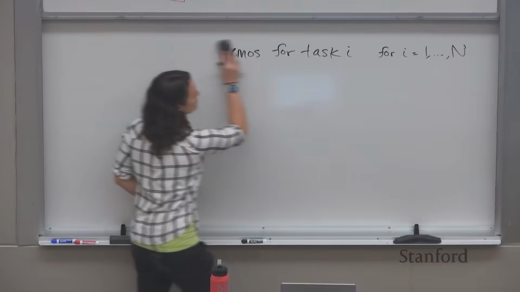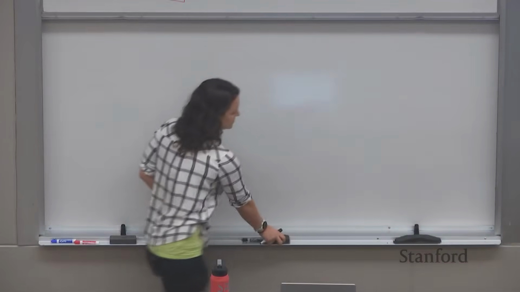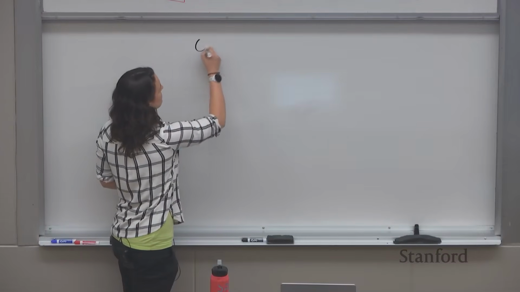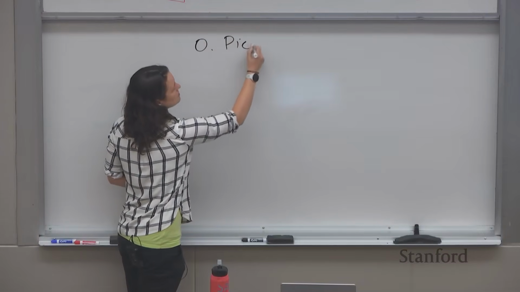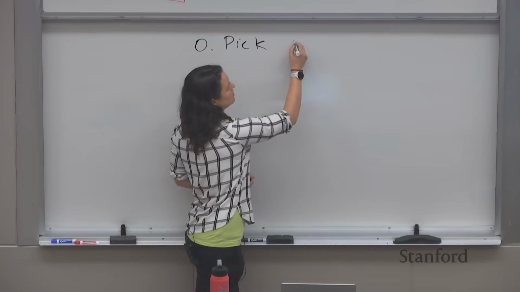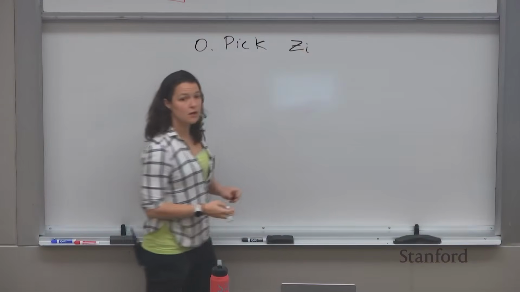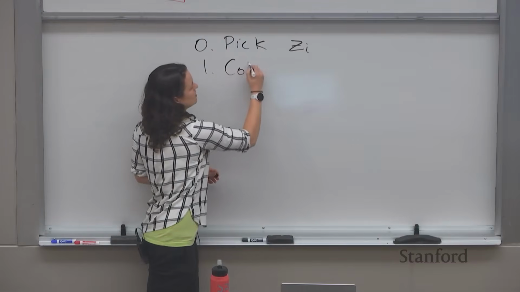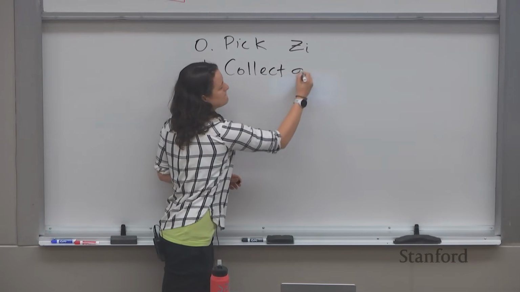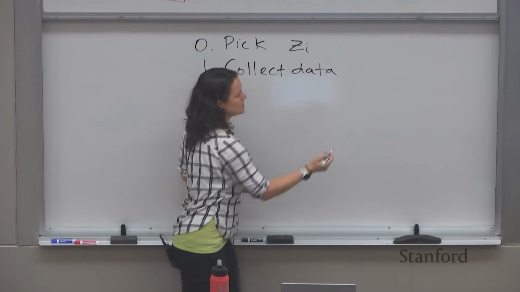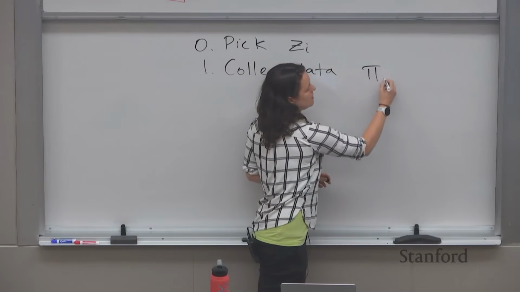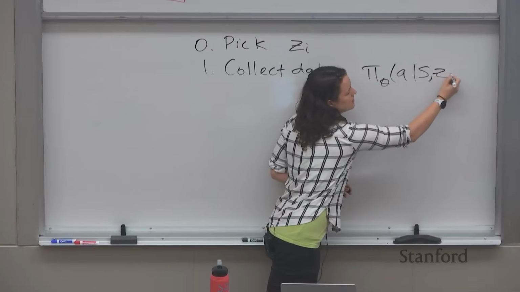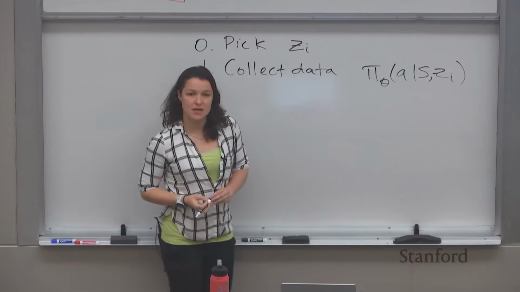And so specifically, what this algorithm would look like is, you pick one of your tasks, and then we pick a corresponding task identifier. Then we're going to collect data from our policy, which is conditioned on that task identifier.